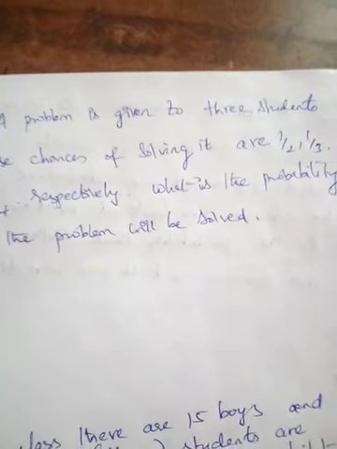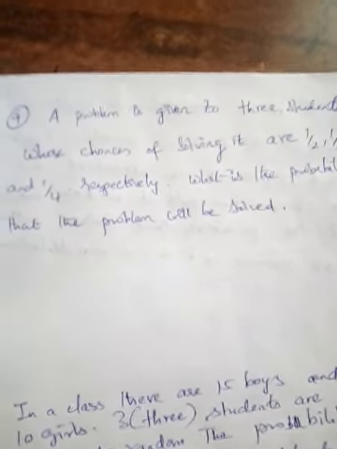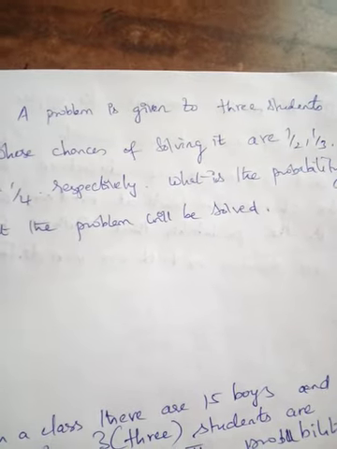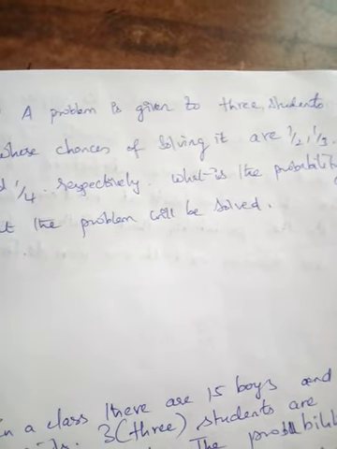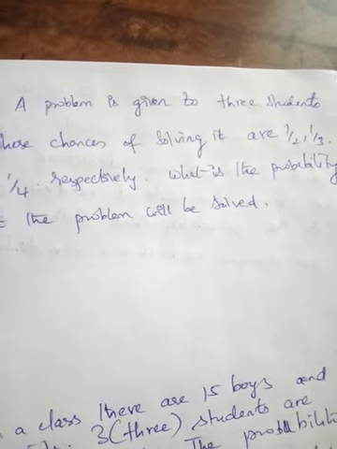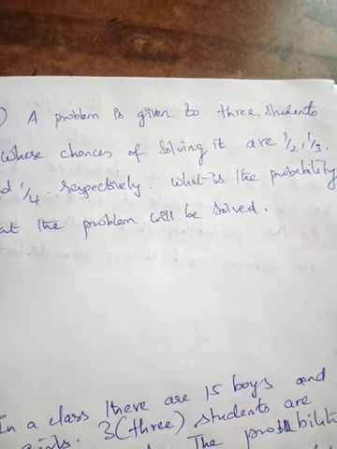A problem is given to 3 students. One more question of the same type as the previous one. A problem is given to 3 students whose chances of solving it are 1 by 2, 1 by 3 and 1 by 4. So the first person has half, 50%, to solve the problem.